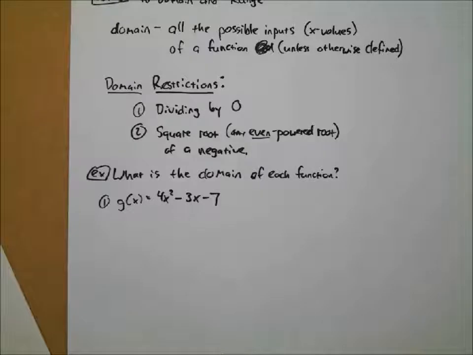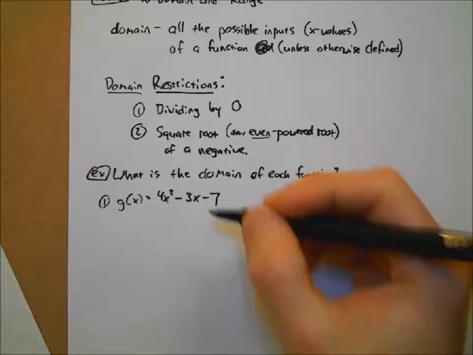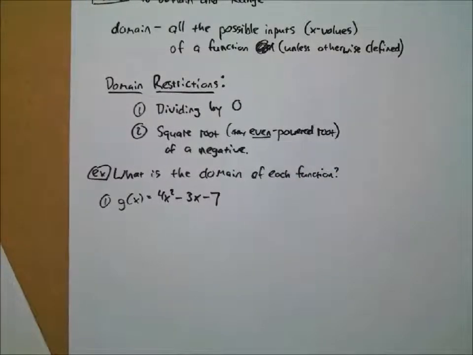With this function, is it possible for us to divide by 0? Is there a denominator in this problem at all? Not really. I mean, we could say, well, Mr. Wood, you could put it all over 1, and yeah, okay, that would still be the same thing. But there's no x in a denominator, right? And so it's impossible for us to divide by 0.